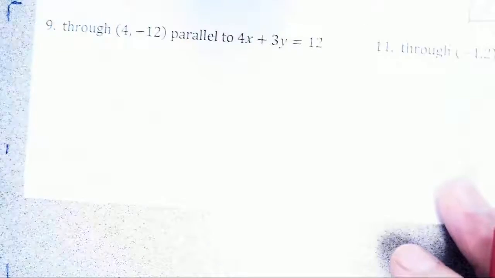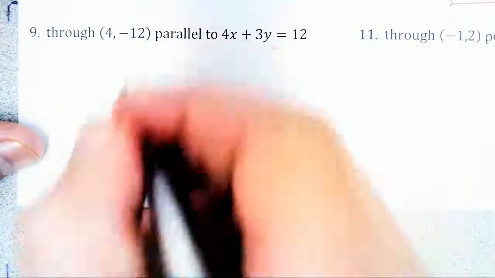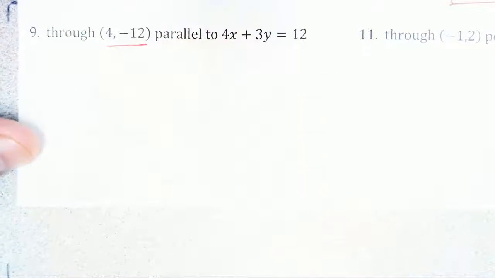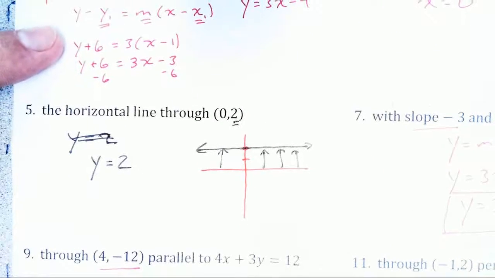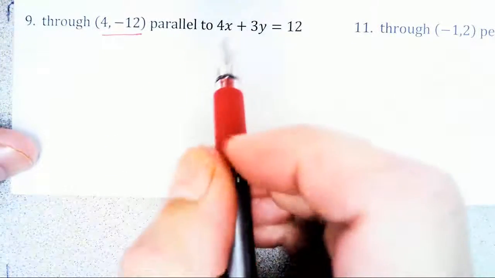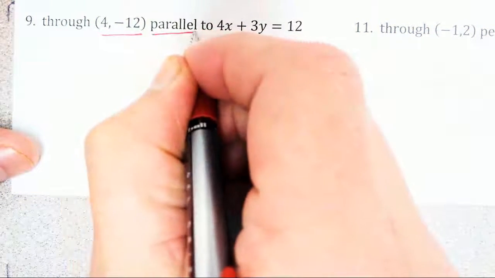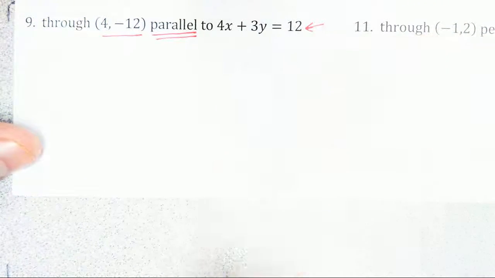Okay, number 9. The line passes through a point. Well, if they give me a point it passes through, that's 2/3 of my puzzle pieces right there for point-slope form. So if I can get a slope on the line parallel to this, and I know if lines are parallel, they have equal slopes, so I need to find the slope of this.